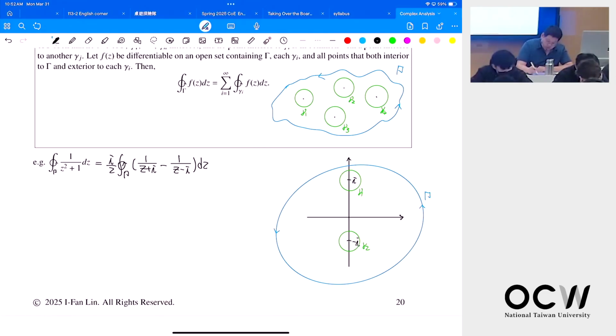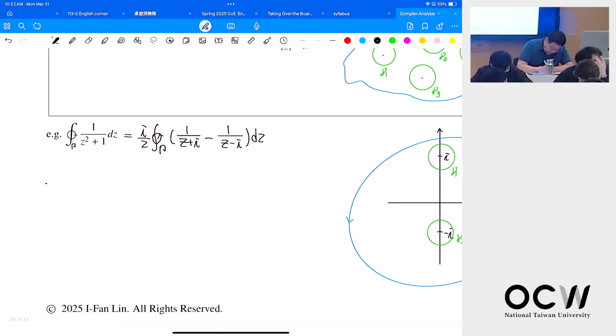So I have two parts. First is for gamma 1. So here's gamma 1. For gamma 1, we have the integral of 1 over z plus i minus 1 over z minus i dz.